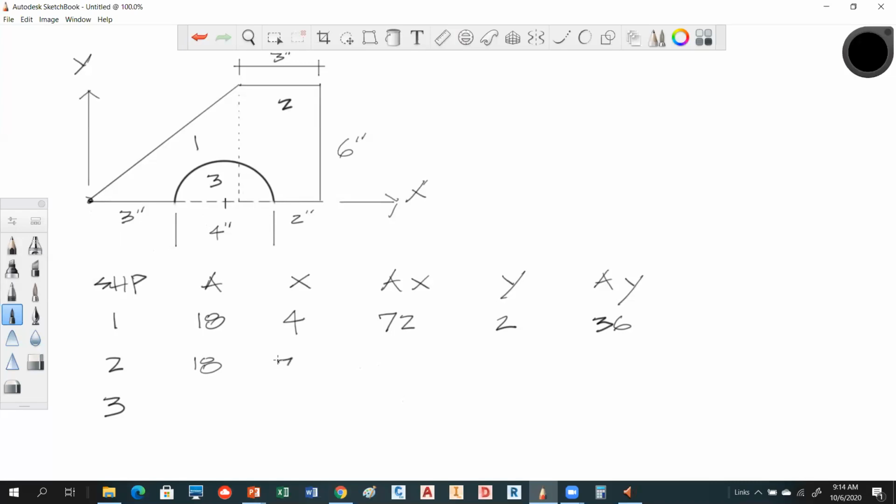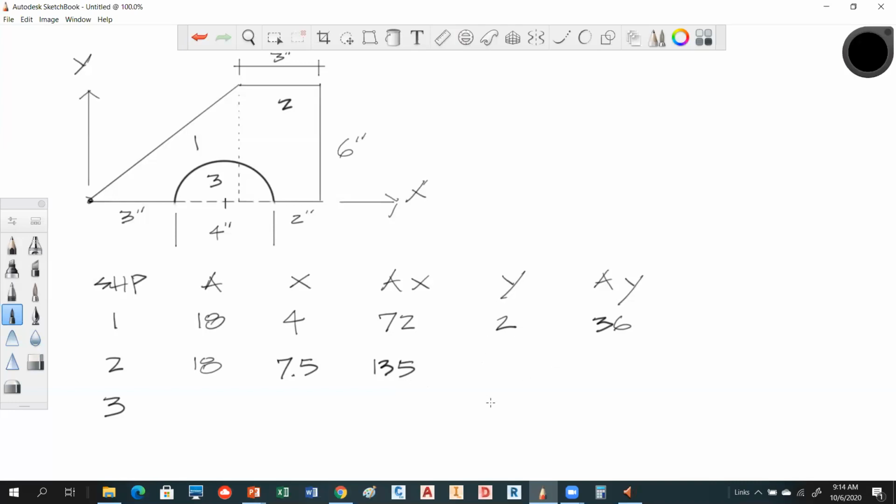Somebody have a question? No. Okay. So we're going to take 7.5 times 18, and that gets us 135. So all I'm doing is taking your A value times your X value, and placing it here. So what's our Y value?